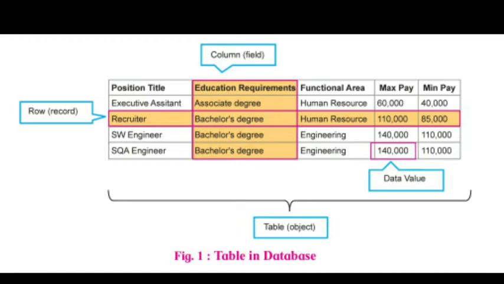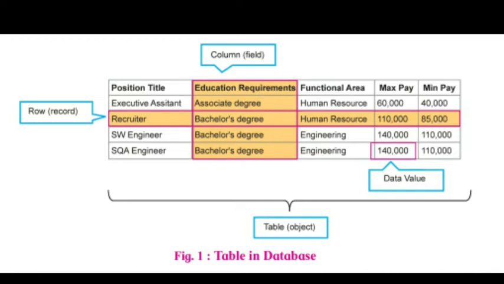We have inserted only 4 different records. We can also store multiple records within a table, and in this way we can store multiple columns also. In this example we have only 4 columns.